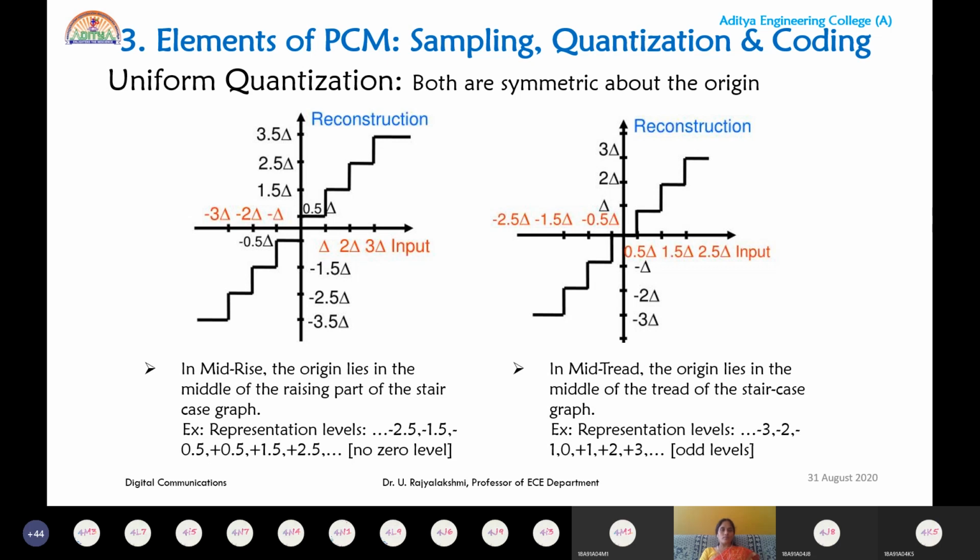Now next, please observe the mid-tread. What does it consist of? It consists of odd representation levels, like -3, -2, -1, 0, 1, 2, 3, 4, 5, and so on. That means it consists of the 0 level, but in the case of mid-rise, it doesn't consist of the 0 level.